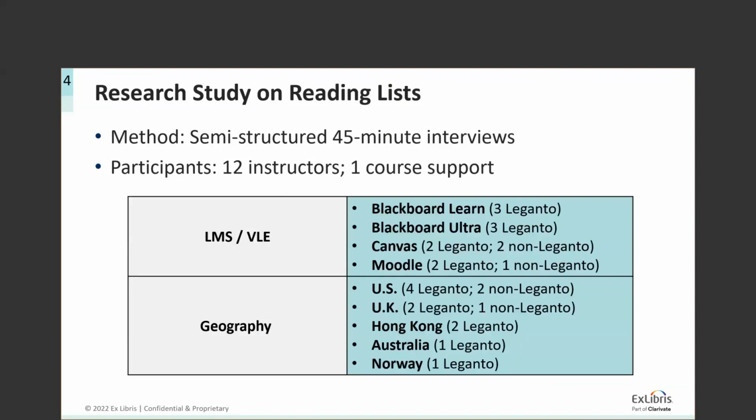If you have not surveyed your own instructors to find out how they use Leganto or whatever reading lists they have been using, I encourage you to do so. The Ex Libris campus engagement team can help you if you're not sure how to start that process, because they've been doing that quite a bit. They talk to lots of institutions and they can give you a variety of suggestions for the kind of questions to ask. And I'll give you a hint on how to get a hold of those folks if you don't know who your Ex Libris campus engagement team leader is.